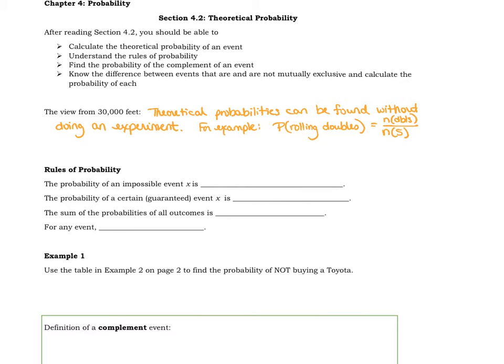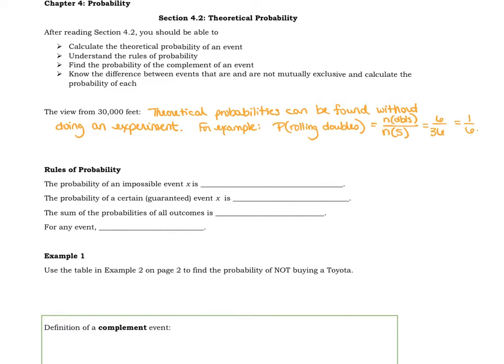That little n just means the number of doubles and the number of things in S. Remember, we denoted the sample space as S. If you'll remember from the previous section, there were 6 different ways we could get doubles, 1-1, 2-2, 3-3, etc. And there were 36 possible outcomes, for a probability of 1/6.